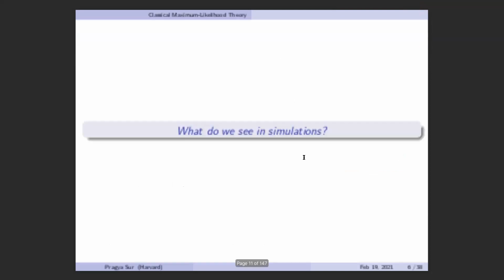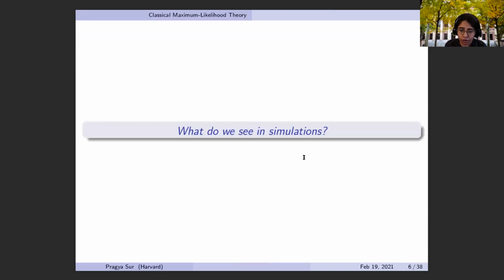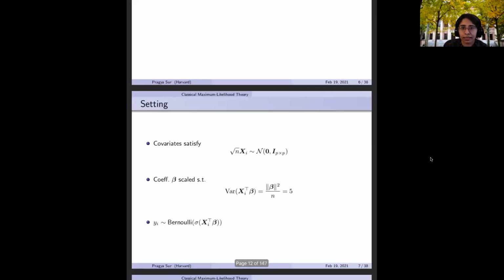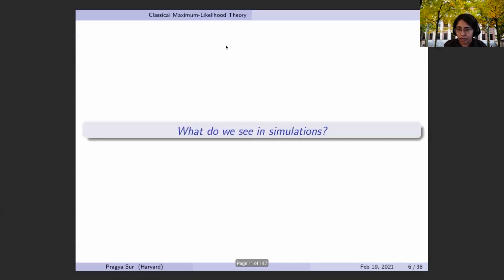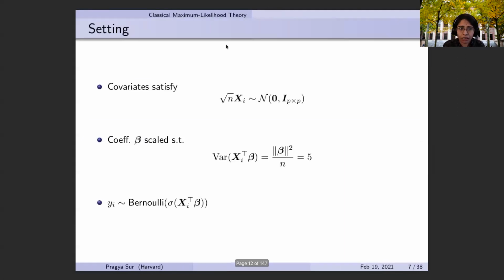To motivate the question, and to get a first glimpse of what really goes on in these settings, let's look at some simulation studies. I'm going to show you a series of simulations.